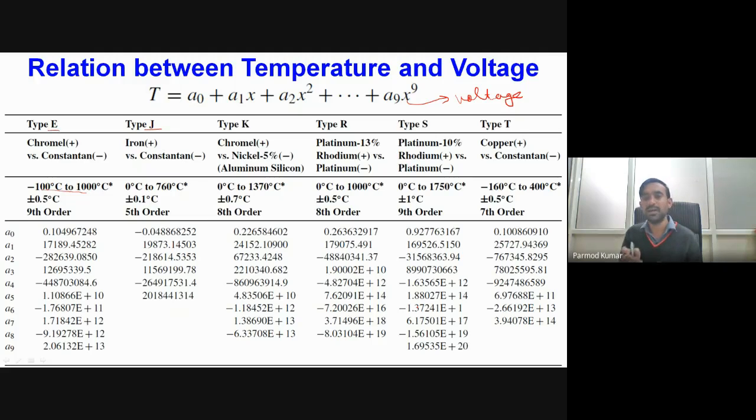For example, if we consider a certain post processing unit, we may have taken a post processing unit for K type thermocouple, but we are trying to connect an E type or J type thermocouple to that, and then we say that our value of the temperature is not coming correct. So we have to take care of this type of thing while we employ thermocouples in our experimental measurements of temperature.